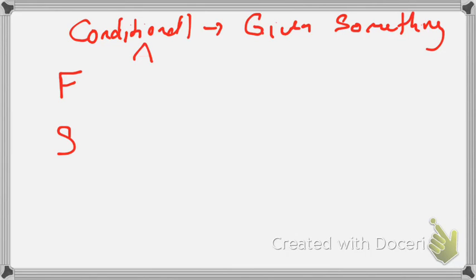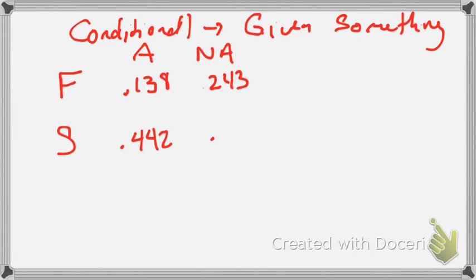So I have freshman, sophomore, attending, and not attending. And what I just figured out was 0.138, 0.243, 0.442, and then 0.177. And when I had my totals, which were 0.381, 0.619, and then 0.58 and 0.42.